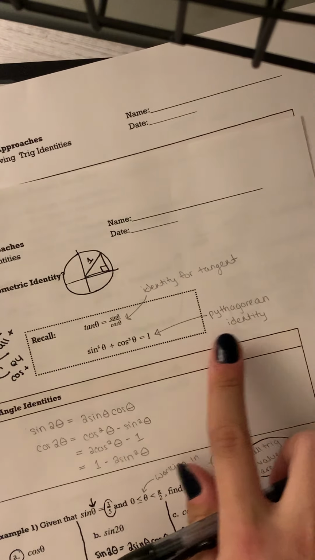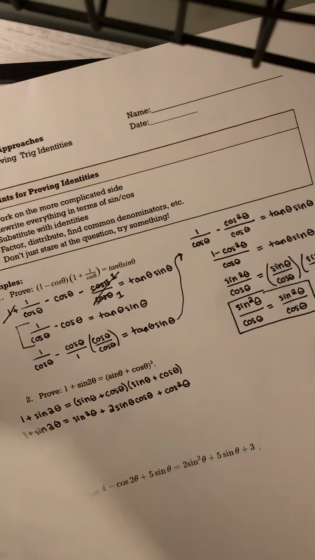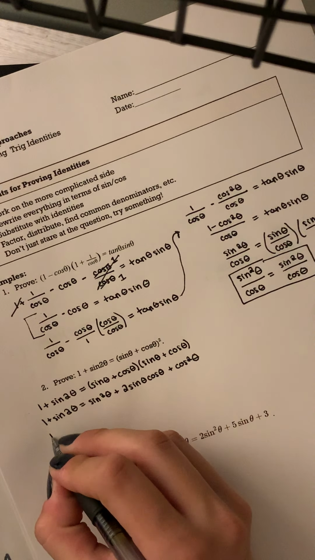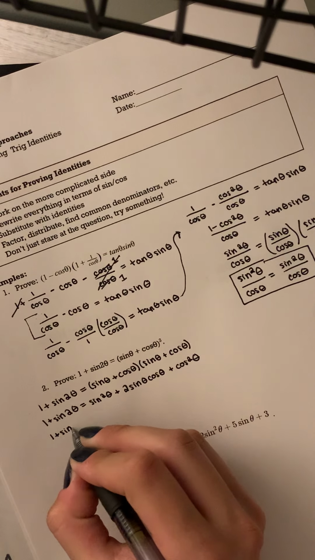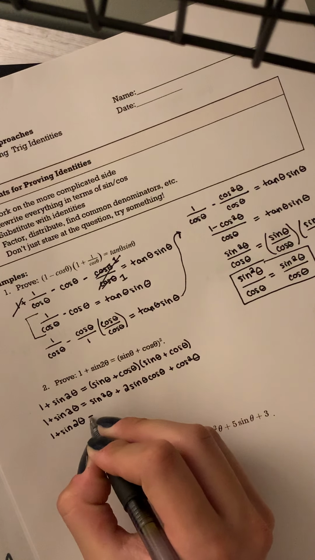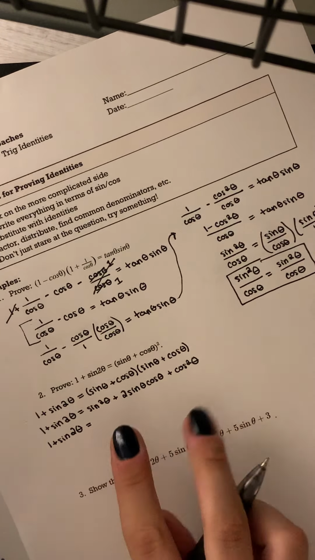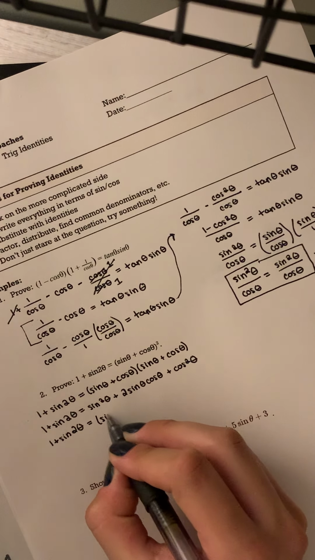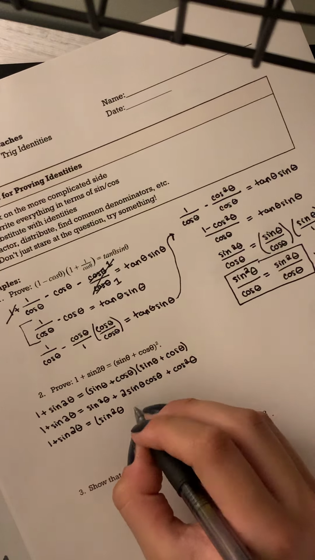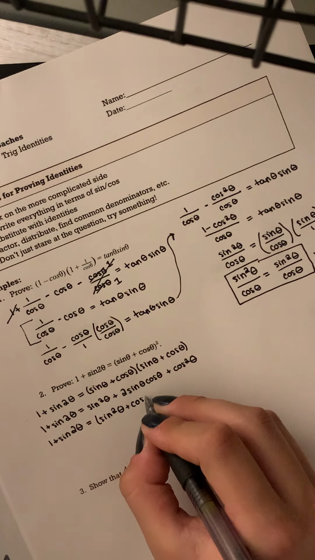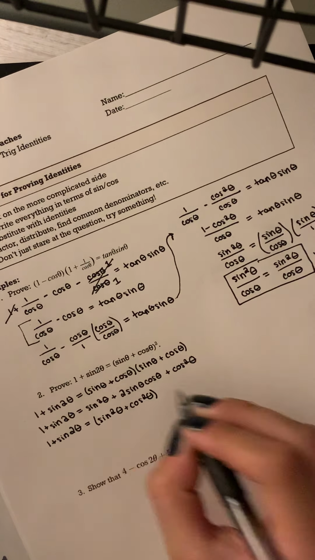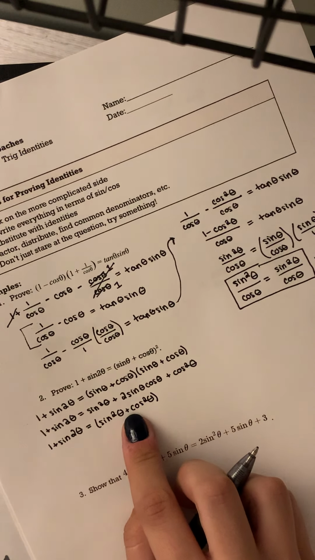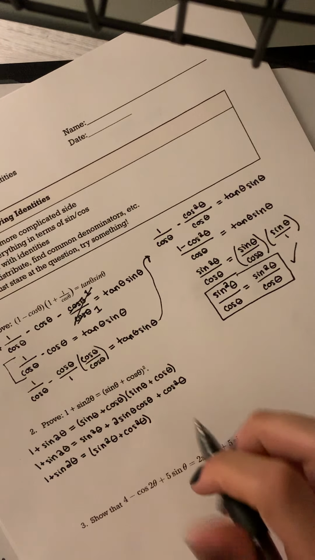So I'm going to copy down our left side, but I'm going to put our sine squared theta and our cosine squared theta next to each other in parentheses to accentuate that those two are grouped together, because I know that those can form an identity that'll help me later on.